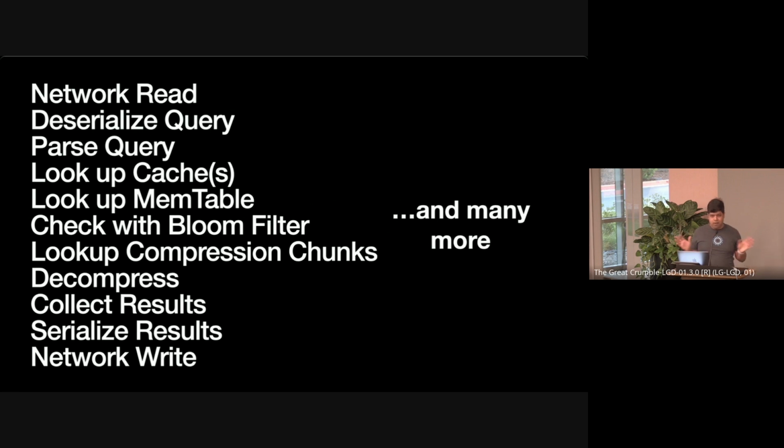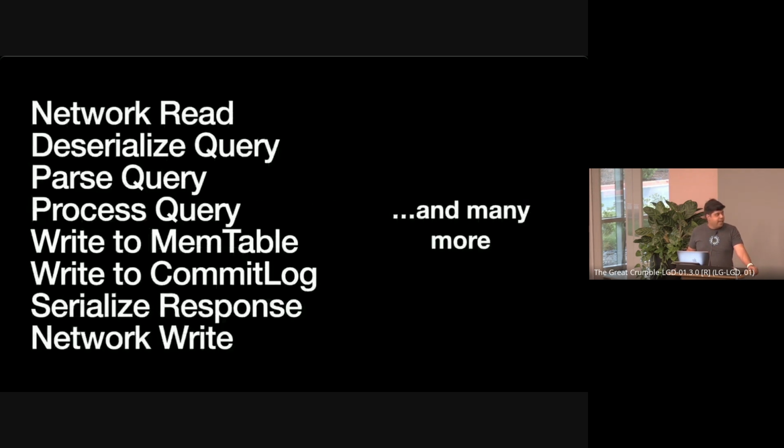This is by no means an exhaustive list of things Cassandra does, but when it receives a query, there's a lot of stuff that it has to do in terms of reading data out of the SSTables. Similarly, on the right side, it has to do a bunch of things as well. So when it comes to writing billions of rows or reading billions of rows, those costs tend to add up a lot, and that makes things slow.